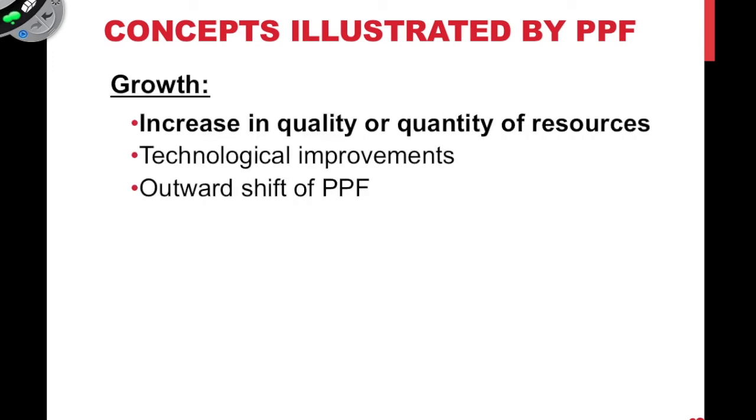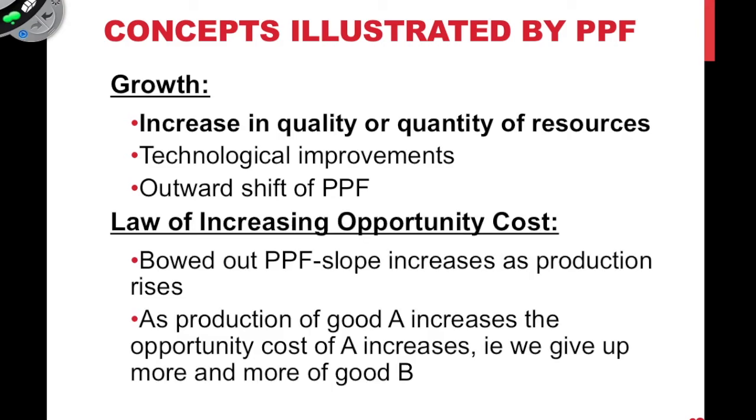Growth, through an increase in the quality or quantity of resources or the technology, represented by an outward shift of the PPF. You also have the law of increasing opportunity cost. You have to give up more and more of one good to increase production of the other. And that's reflected in the shape of the PPF being bowed out.